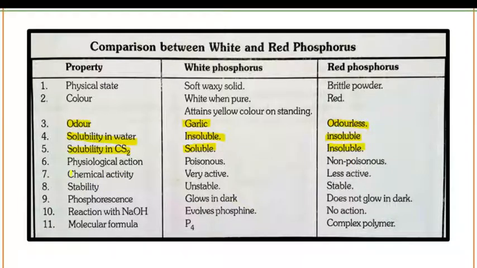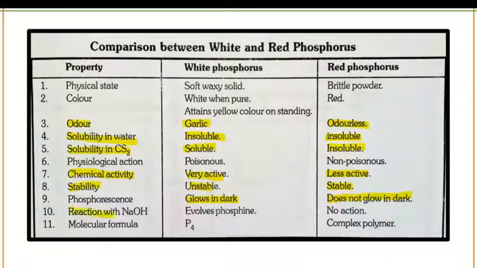Chemical activity, this is the most important point. White phosphorus is very active and red phosphorus is less active. Stability: white phosphorus is unstable while red phosphorus is stable. Light emitting tendency: white phosphorus glows in dark and red phosphorus does not glow in dark.